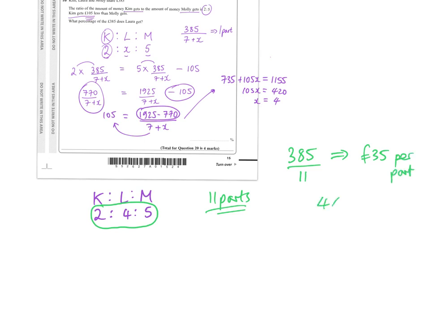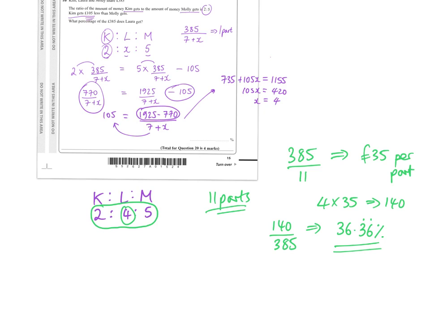They then did 4 times 35 because Laura had 4 parts, and that's 140. And then they did 140 out of 385 to work out the percentage, which is 36.36% recurring. So I thought that was a really great way of doing the question.